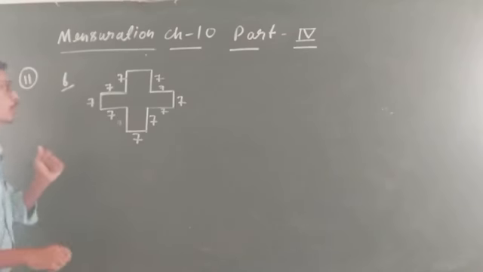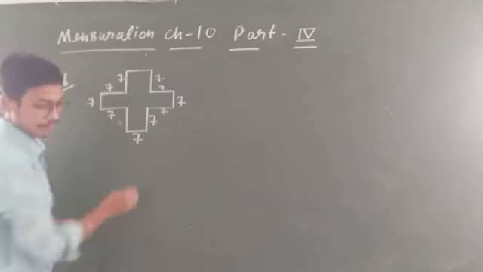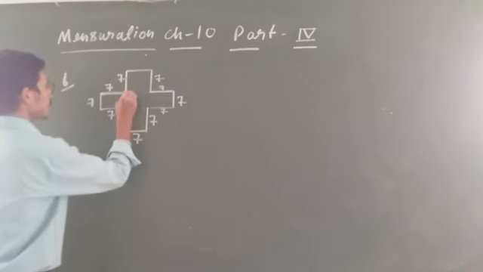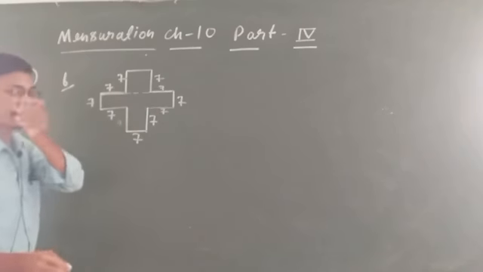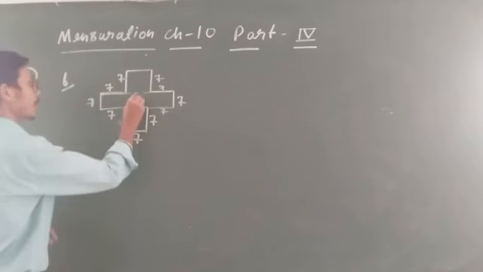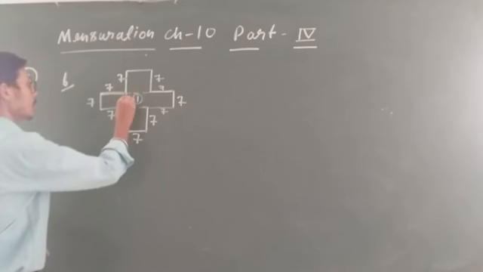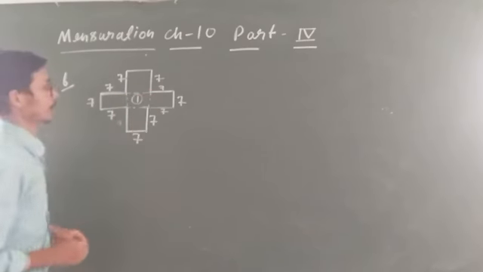Clear, student? So you know that if I want to draw a rectangle, I can draw, this one will be our first rectangle from here to here. Clear? So I can assume this one is the first rectangle, and this one is our second rectangle.